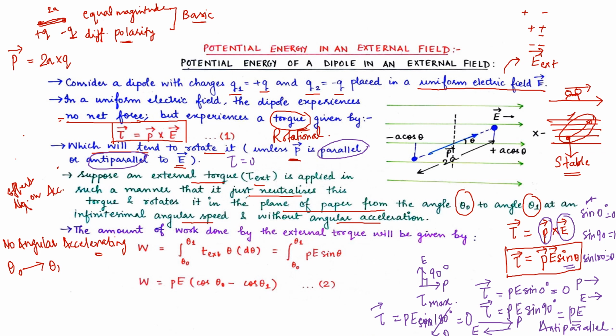Now the amount of work done by the external torque will be given as W equals the integral from theta naught to theta 1 of tau external d theta.